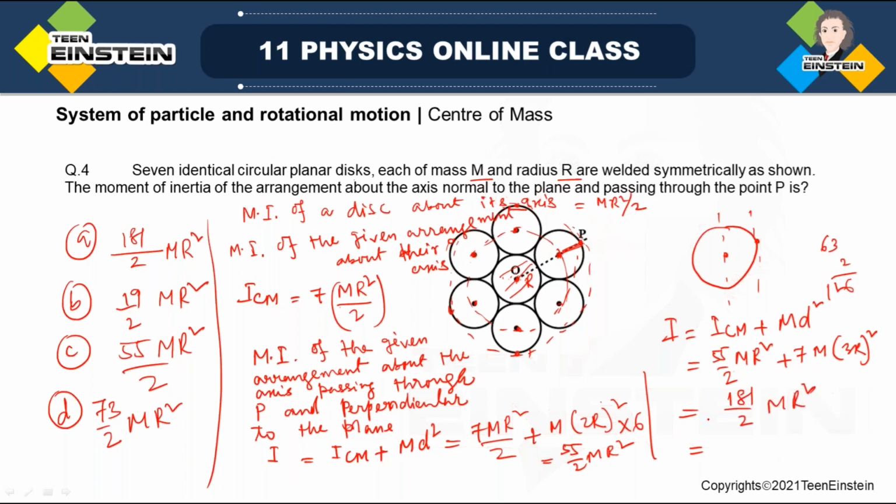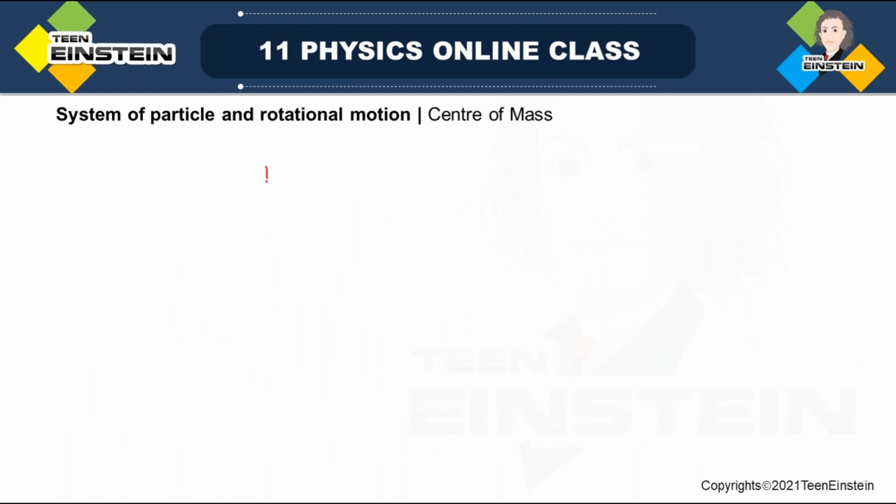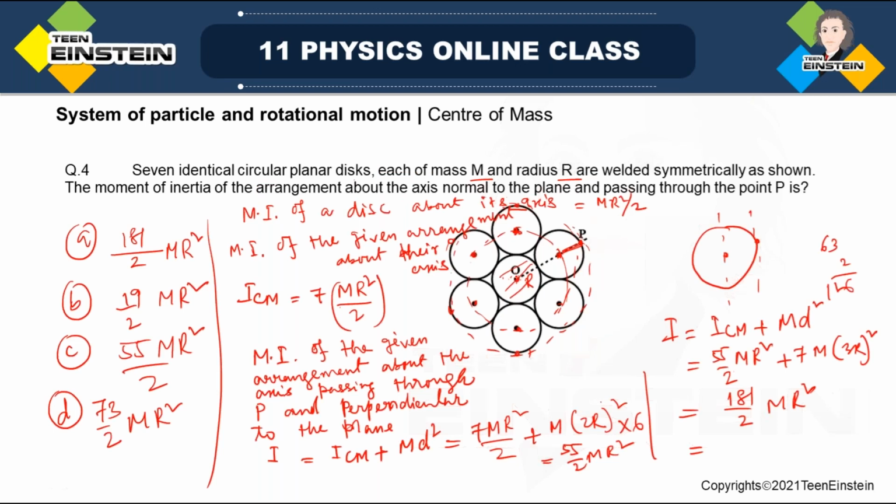Okay, I'll just explain once again. What we are doing is getting the moment of inertia of each disk about the center of mass. So the whole arrangement will give you mr square by 2 into 7. Now we are calculating the moment of inertia about this point. I have taken this disk and I'm calculating the moment of inertia about an axis passing through this center of mass, this center of mass, this center of mass.